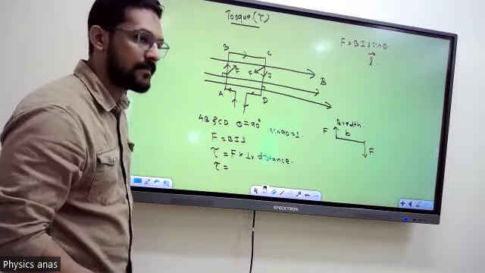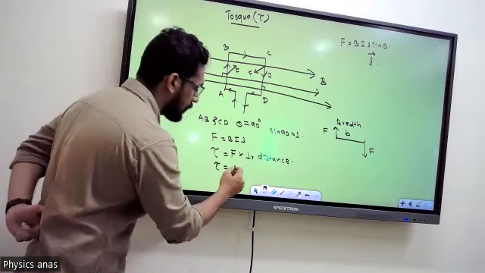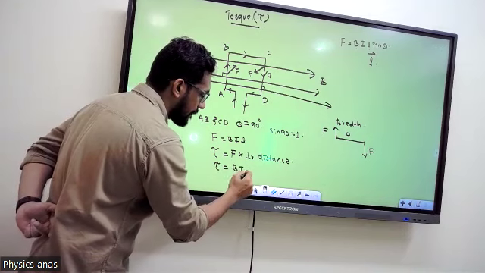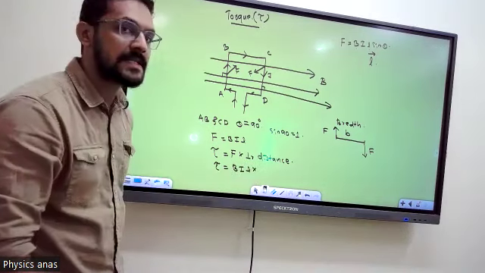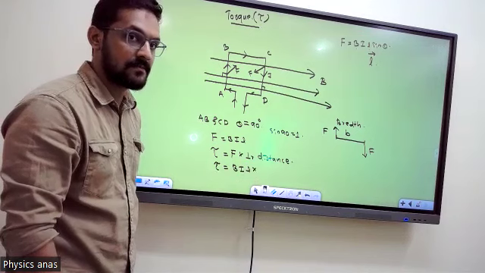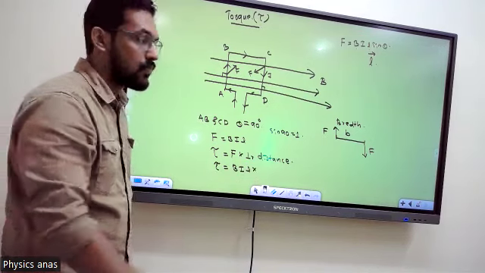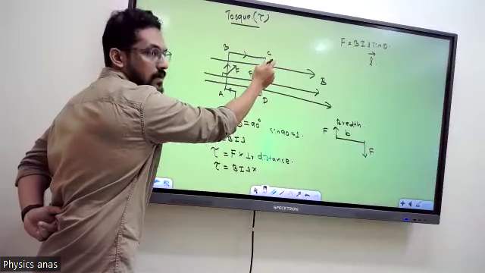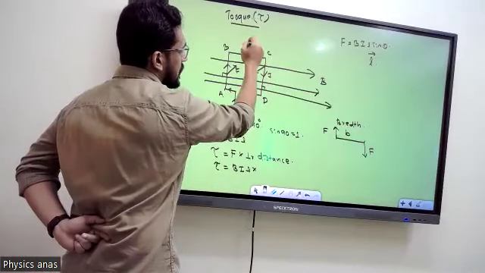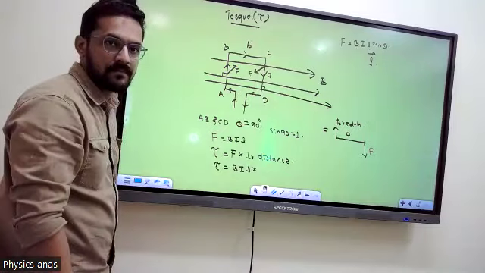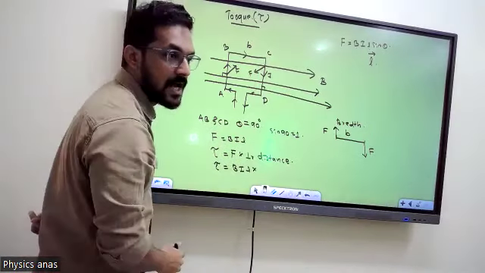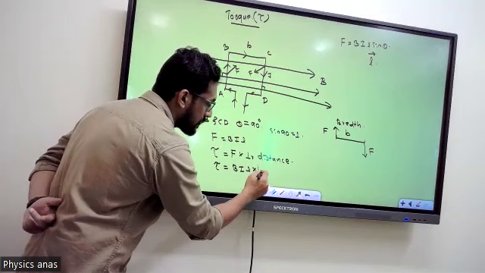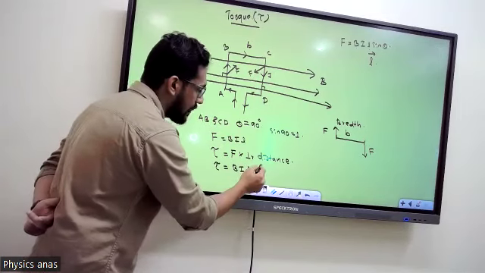What is the force here? Force here is BIL, into what is the perpendicular distance between the forces? One force is inwards, the other force is outwards, and the distance between them is b, breadth. So you can use b here, and you have L into b.